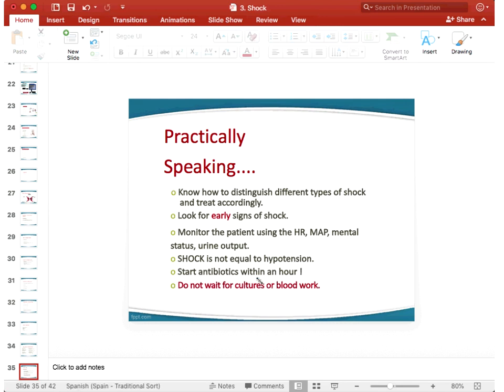You do not wait for the cultures to be back, but you take the cultures. And in the meanwhile, you start your patient with empiric therapy, and when your cultures get back, either you may stay on the same antibiotic accordingly, or you may switch it to the most proper one.